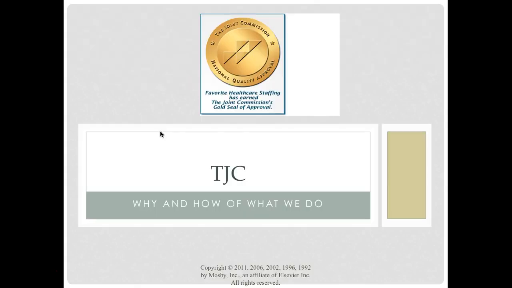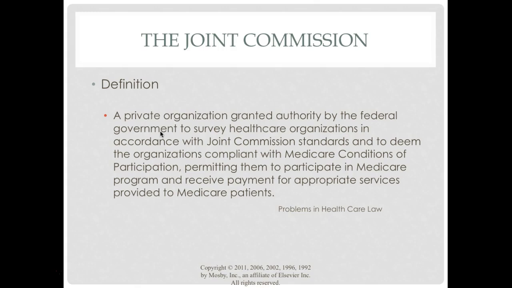So also we're doing it for the Joint Commission. I'm going to read you this definition because it's really important. The Joint Commission is a private organization granted authority by the federal government to survey healthcare organizations in accordance with the Joint Commission standards and to deem the organization compliant with Medicare conditions of participation, so permitting them to participate in the Medicare program and receive payment for appropriate services provided to Medicare patients.